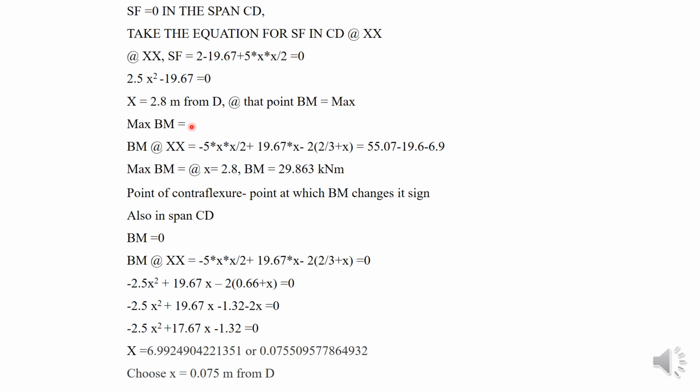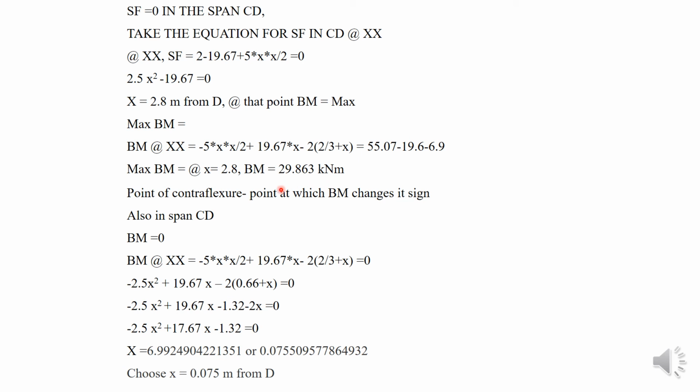Take the equation for bending moment at h for the span BD and substitute h equal to 2.8 in that equation, so you will get the maximum bending moment as 29.863. We have to mark this point in the bending moment diagram.